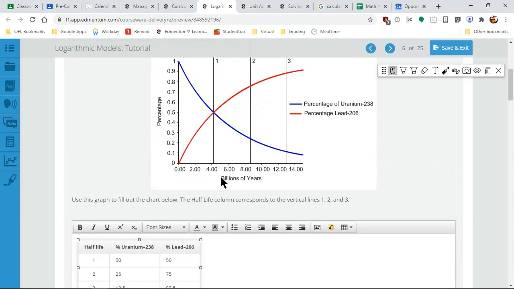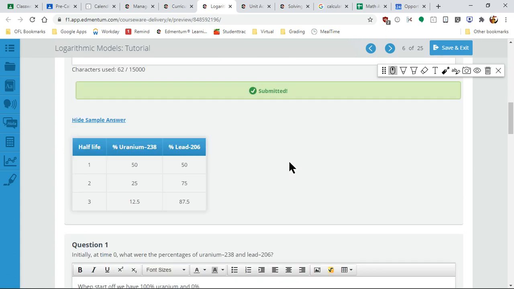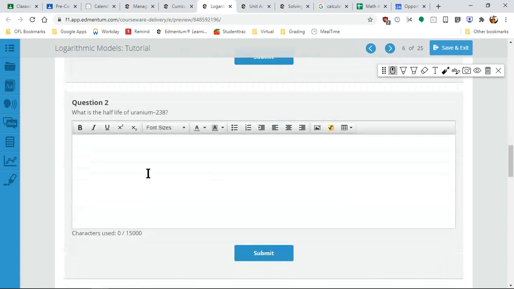So I'm going to say a little more than 4 billion years. We're talking about big numbers here.